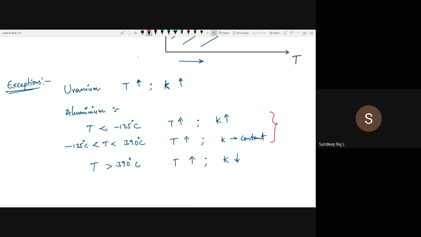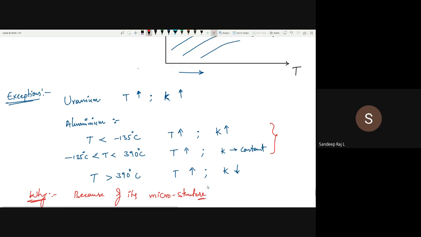Below minus 135 degrees, thermal conductivity increases, and between minus 135 and 390 the thermal conductivity is constant. I hope it's clear. Yes, sir. Why is this happening? Because of its microstructure, or you can say the lattice structure also. This is the reason.